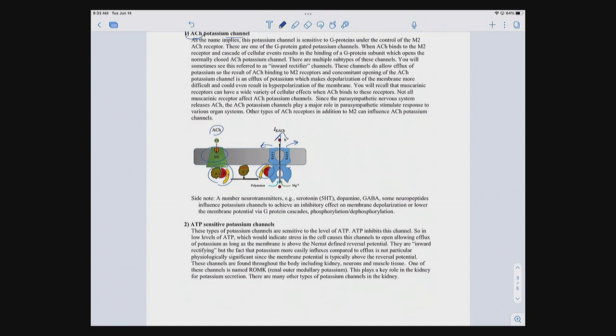So what we have here then is a neurotransmitter binding to a receptor, and through cellular processes will influence another channel, in this case, this type of potassium channel that is sensitive to the presence of acetylcholine.